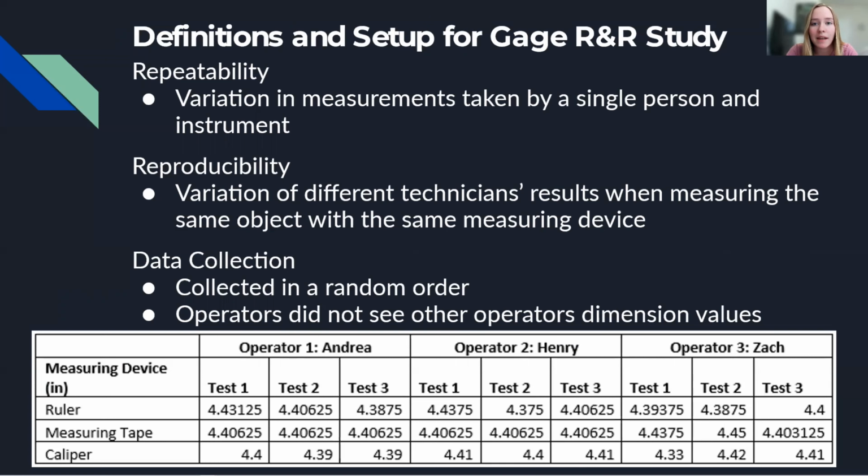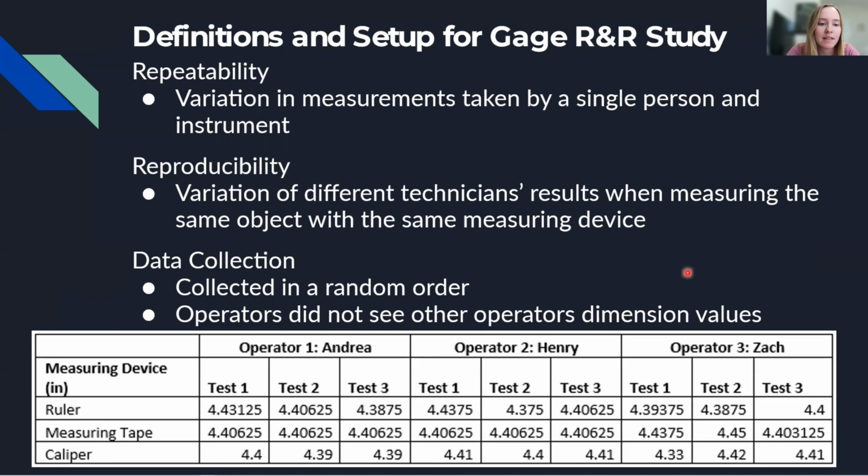And results from a gauge R&R show if a process needs to be improved to lower this variation. In terms of data collection, we collected all of our measurements in random order, and Zach will go on to talk about this a little more in an upcoming slide. And our operators did not see each other's dimensions, so nothing was biased.